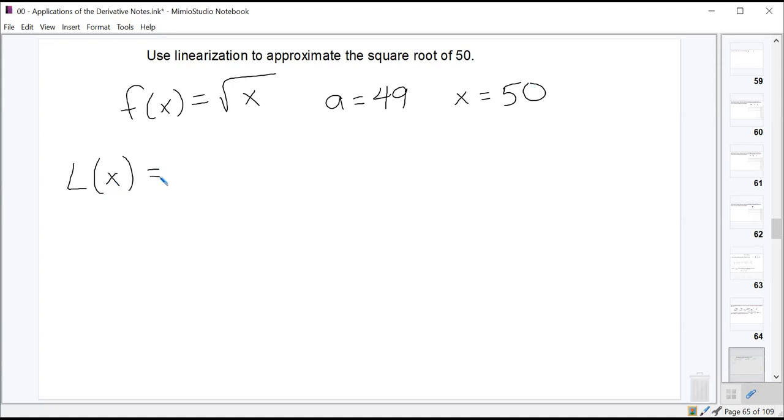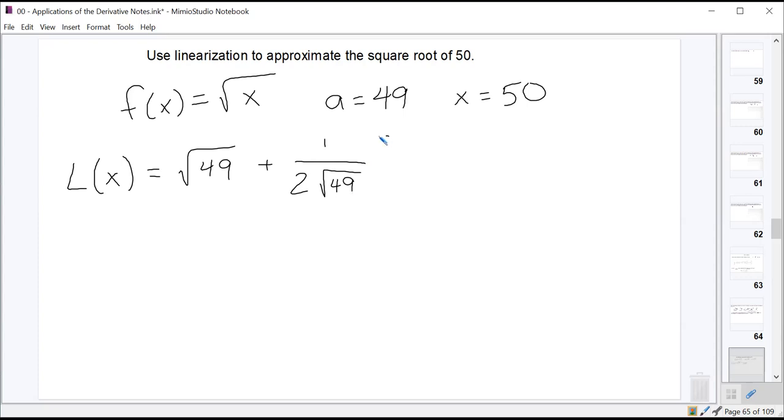And so we're just going to go ahead and say that our linearization function, L of x, is equal to f of A, so that's the square root of 49, plus f prime evaluated at A. F prime is 1 over 2 root x. And so if we're evaluating that at A, that's going to be 1 over 2 times the square root of 49.